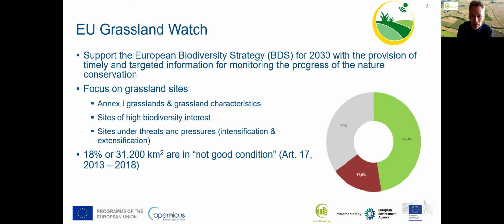So overusing means you can have an intensification by adding more fertilizer to increase the biomass production. You also have an intensification in terms of a land use change to more arable land.